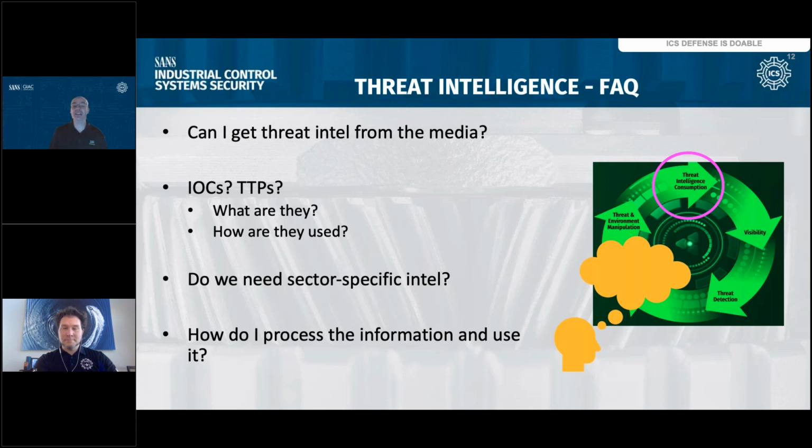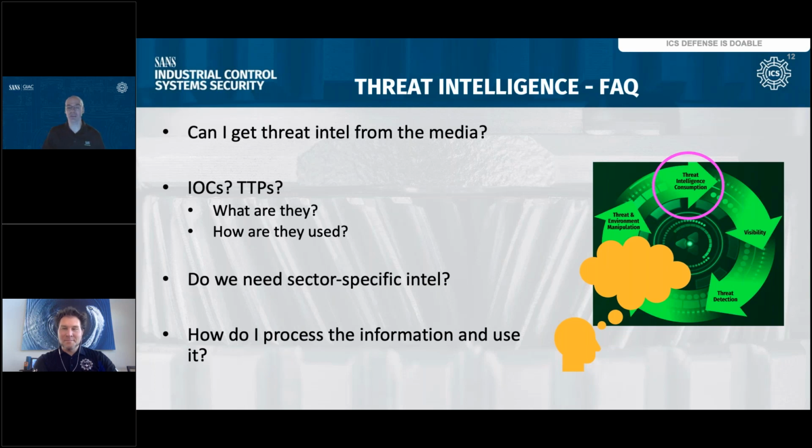And honestly, TTPs should allow you to prepare in advance. You should know, well, these are the kinds of things that the bad guys are doing, so I can put my defenses in place in anticipation of that, especially if I know that those TTPs are relevant to me, back to the relevant piece of threat intel. And of course, I could use it to identify attackers in my environment.